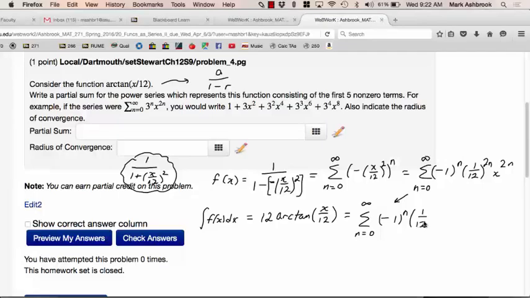Nothing changes. So we're going to just keep it as it was. Negative 1 to the n, 1/12 to the 2n. Now here comes our antiderivative. Antiderivative of x to the 2n is x to the 2n plus 1 over 2n plus 1.